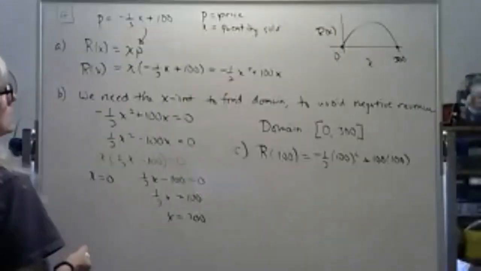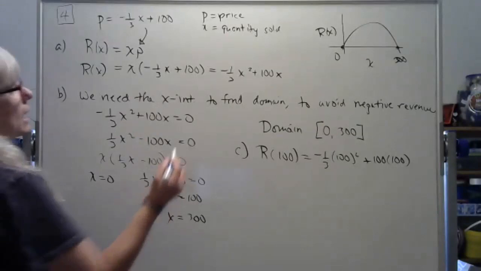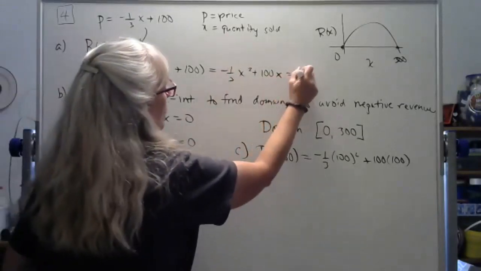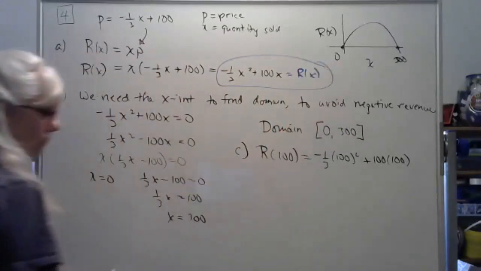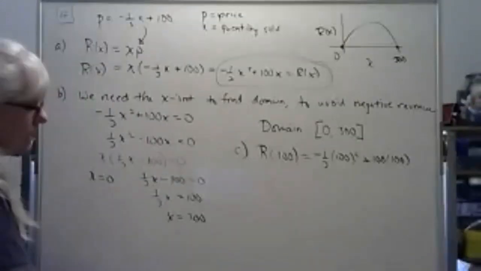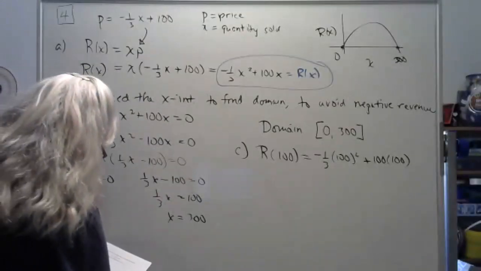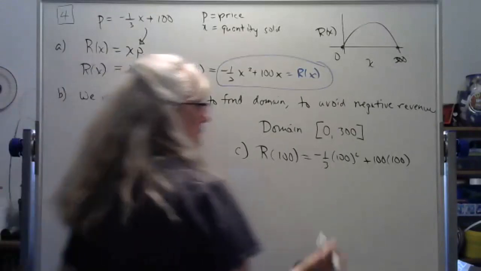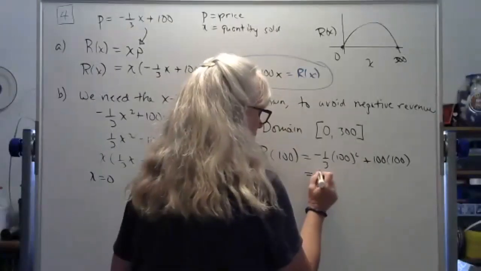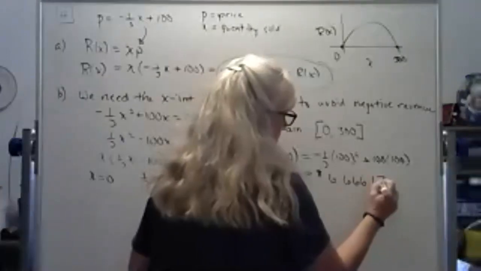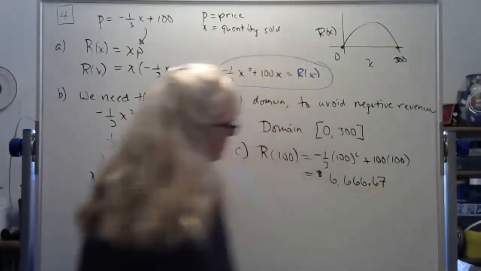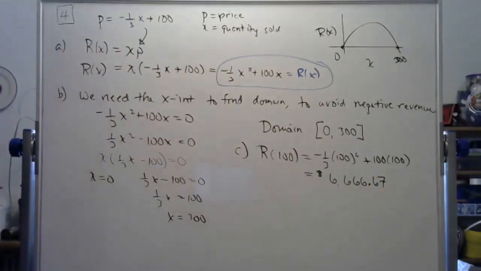Again, what we're picking up is this guy up here. That's our revenue function. Okay, and when you do that, I ended up with a weird number also, but that's that 1/3. So $6,666.67. So I'm just plugging it in.